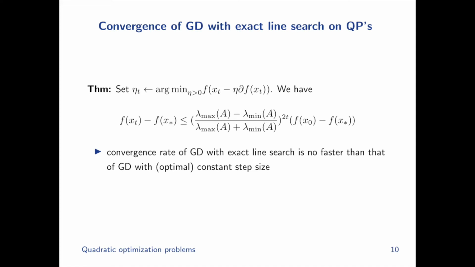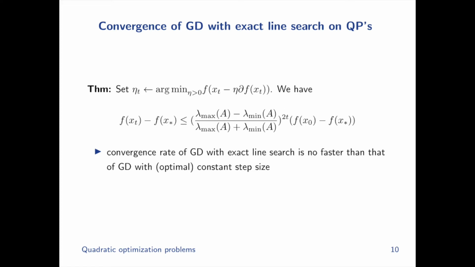So I claim that these two convergence rates are actually roughly the same. This may be somewhat of a surprise to a lot of you, because you would expect this version of gradient descent to converge faster, because after all, you are doing more to reduce the objective value per iteration than in the version with constant step sizes.